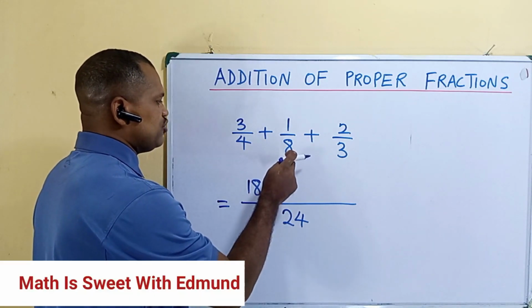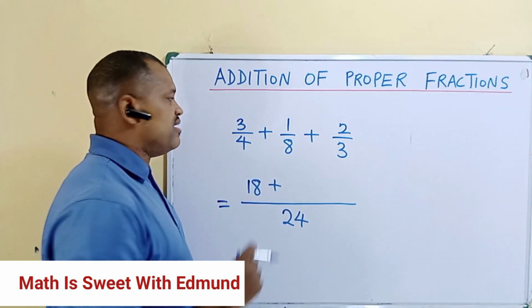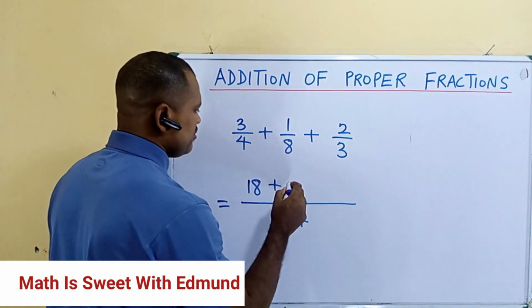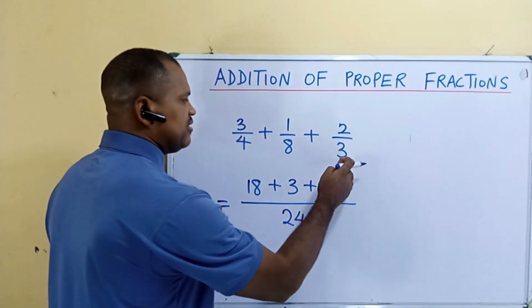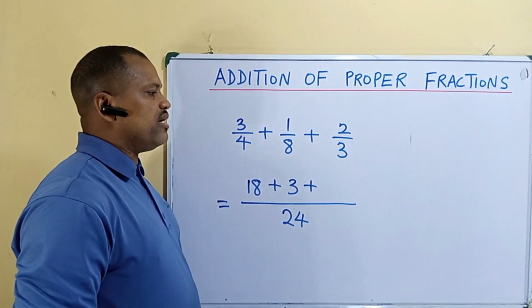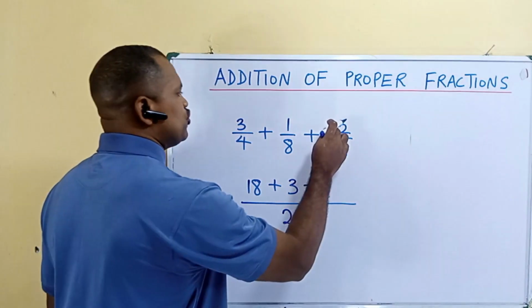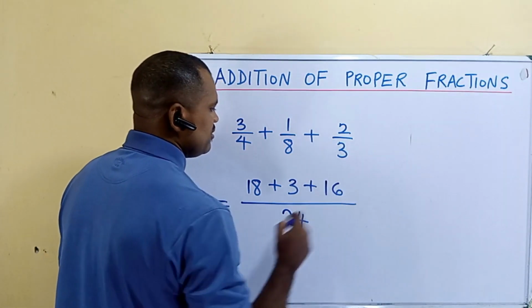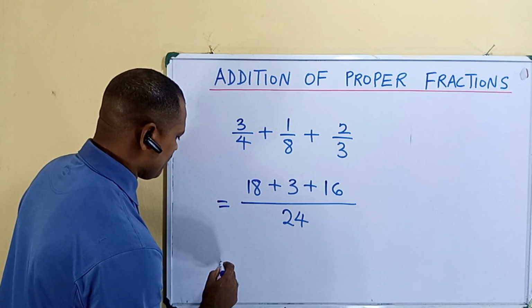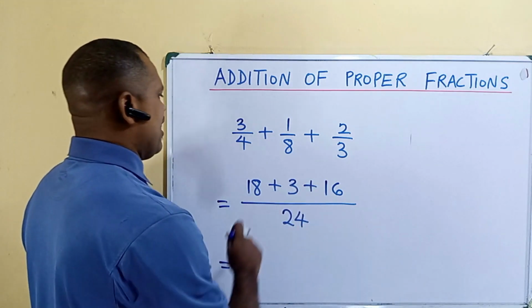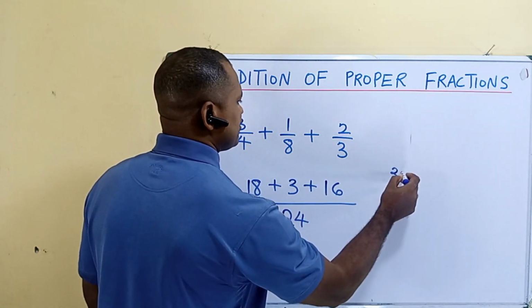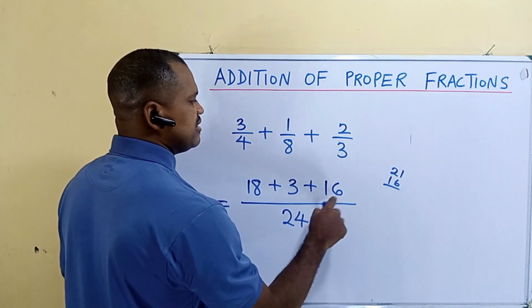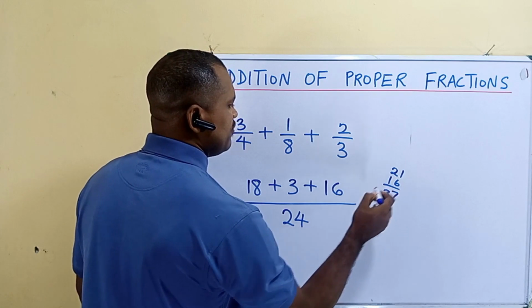Plus 8 into 24 is 3 times. 3 times 1 is 3. 3 into 24 is 8 times. 8 times 2, 16. Now we add this. This is 21. 21 plus this 16 will give you 37.